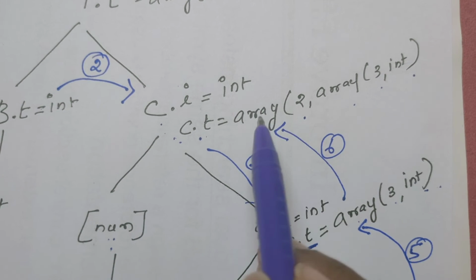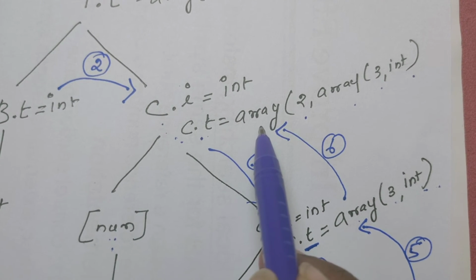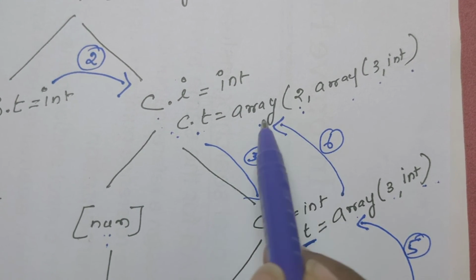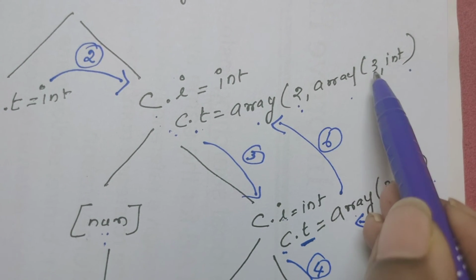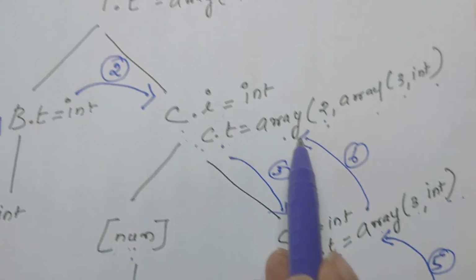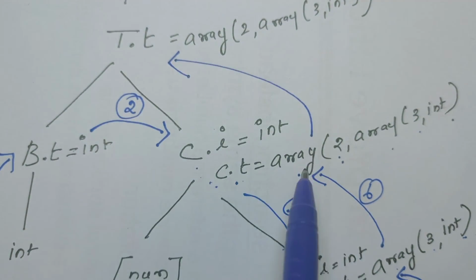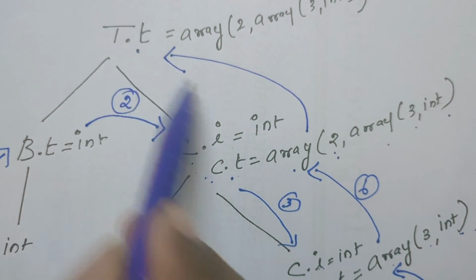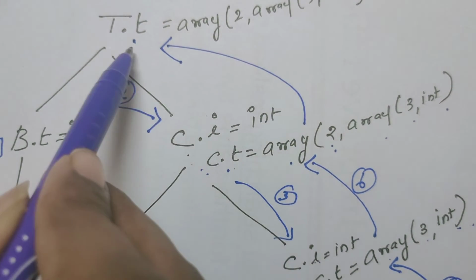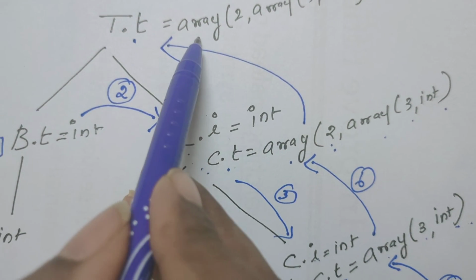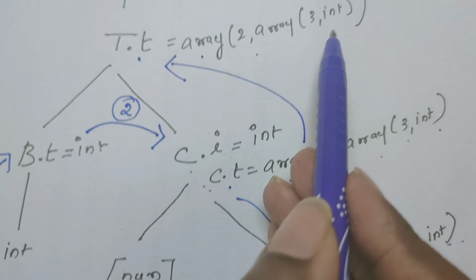The meaning is it is an array of 2: there are two arrays and each array contains 3 integers. Then from here, the value is being passed to the root node. Again, it is a synthesized attribute since it is flowing from the child to the parent node. It is nothing but array of 2 comma array of 3 comma integer.